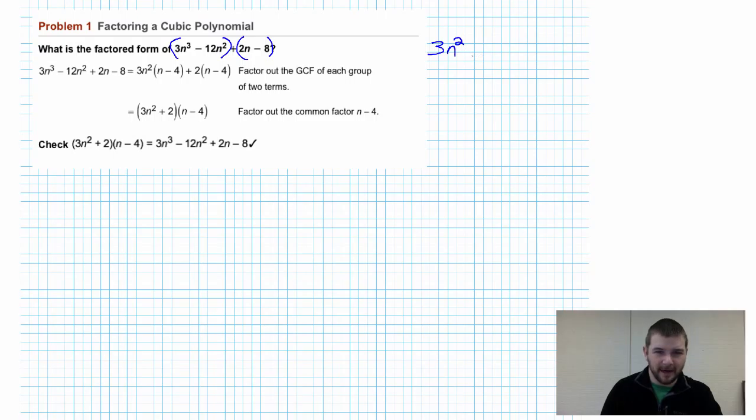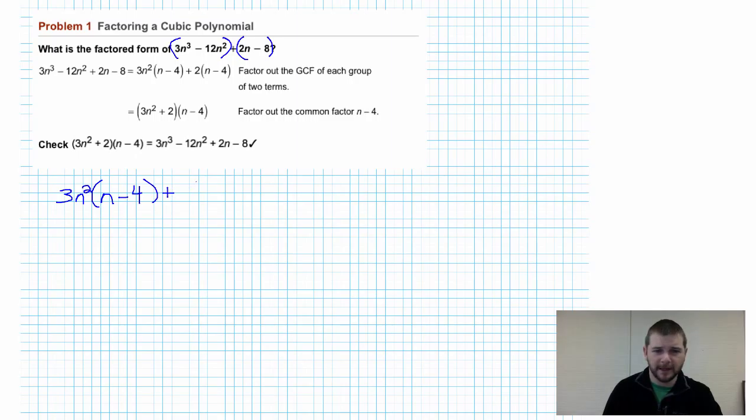So the greatest common factor is 3n squared, and that can be factored out to become, I realize I'm going to run out of room up here, let me move my work down below. And we're back. 3n squared times n will give us 3n cubed, minus 3 times 4 is 12, and n squared, perfect.